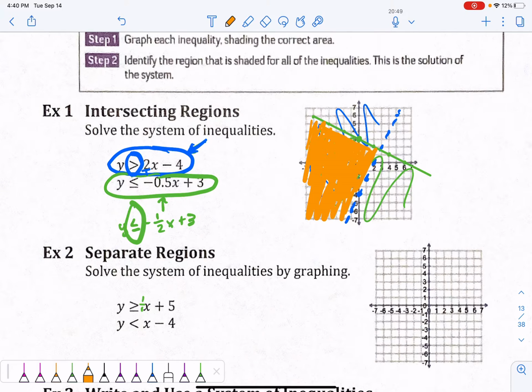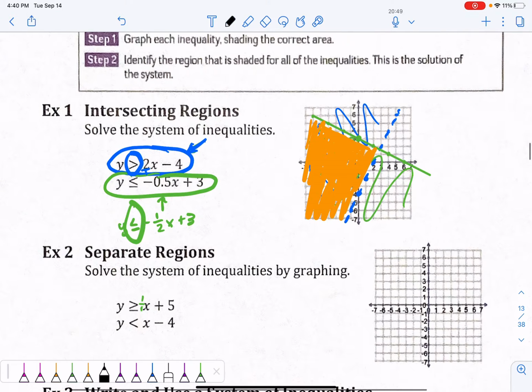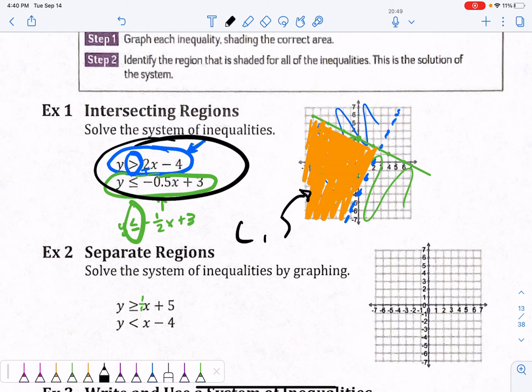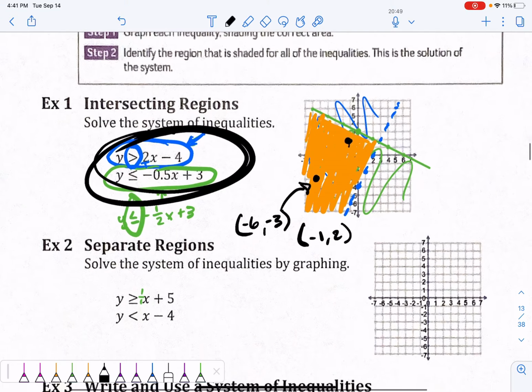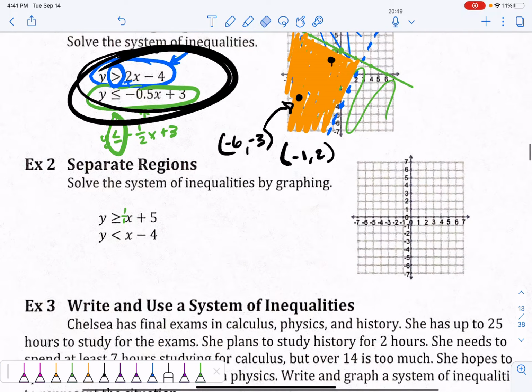What that solution region means is that any ordered pair, any xy coordinate in that region, will be a solution to these two equations. For example, -1, 2 is a point that lives there, or -6, -3 would be a point that lives there. Any of those would work if I plug them into those equations, as long as it's in that shaded solution region. All right, let's go down to this next one.